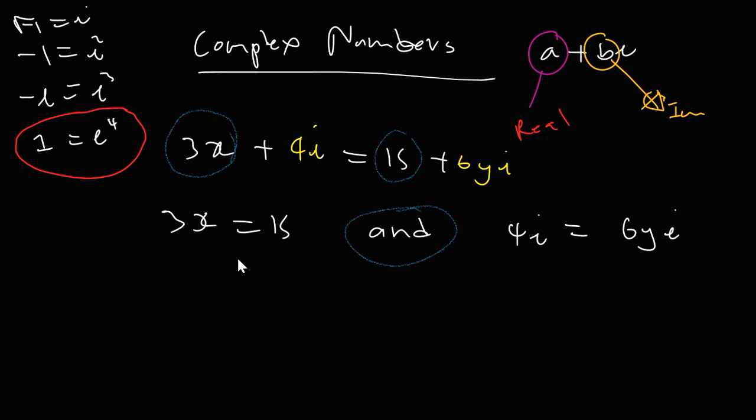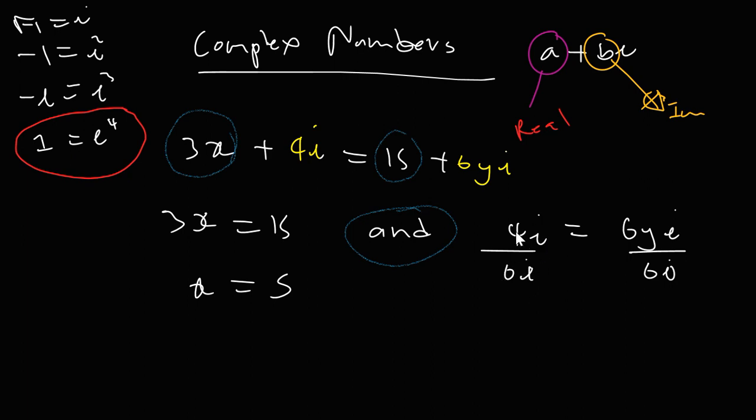Okay, so we solve for x here, which is going to be 15 over 3. I think that should equal 5. And for the y here, we want to solve for y, I mean. So we're just going to divide by 6i on both sides.